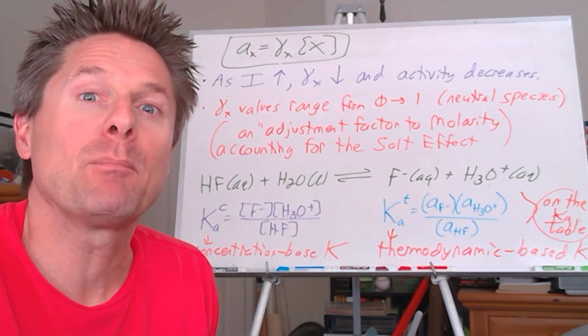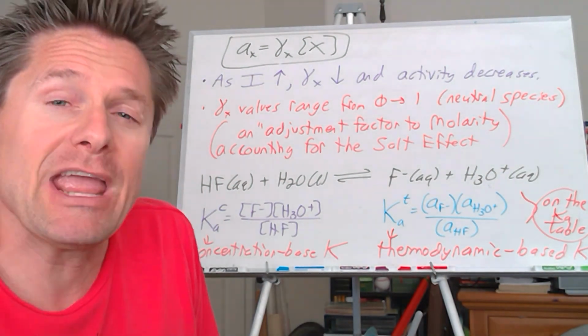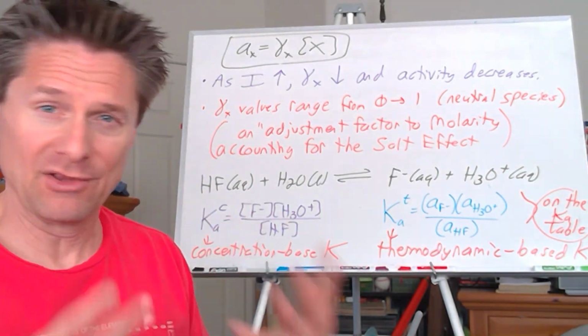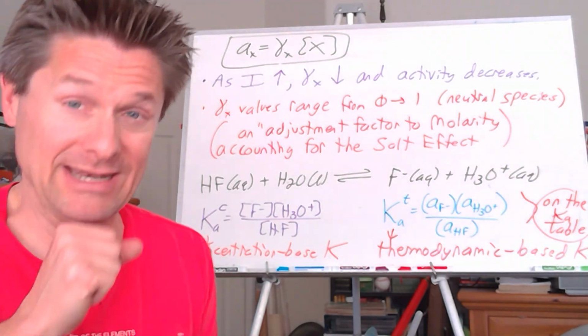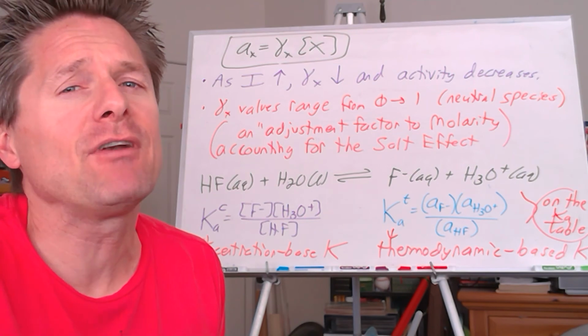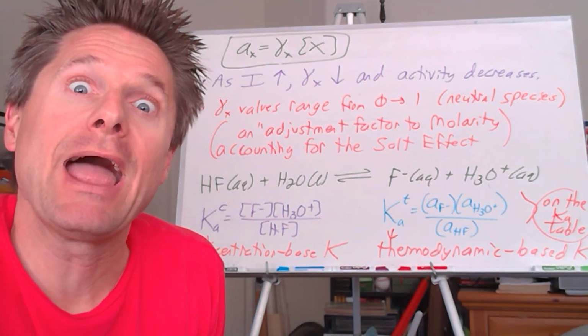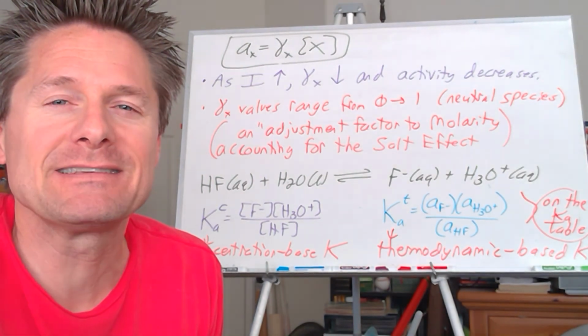If you use molarities, those K values can actually change as more ions are included in the system. Pretty nuts, right? Keep this in mind when we do some labs. Not very heavy in lecture, but we're going to do a lot of this in lab and apply it. Rock and roll, gang. Crazy stuff, activities.